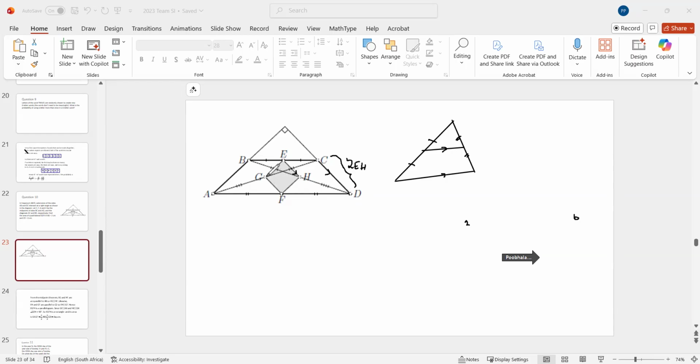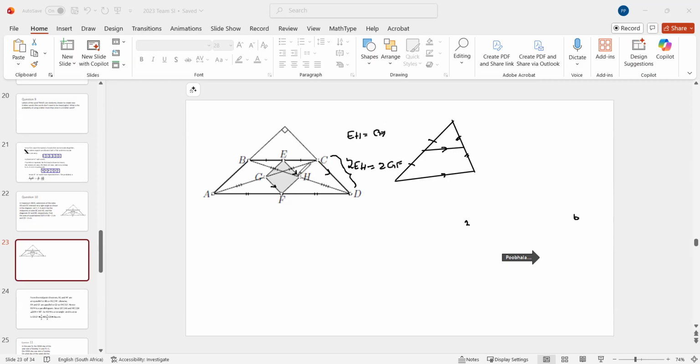So therefore, again, from the same theorem, GF is parallel to the same side, and the third side is equal to twice GF. So it's twice GF if you look at this triangle. But if you look at this triangle here, the same side is equal to twice EH. So from here, you can conclude that EH is actually equal to GF.